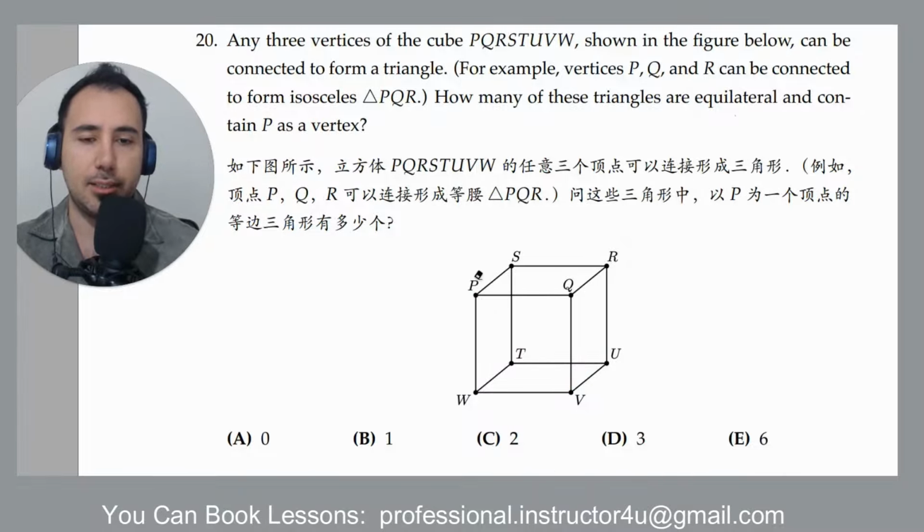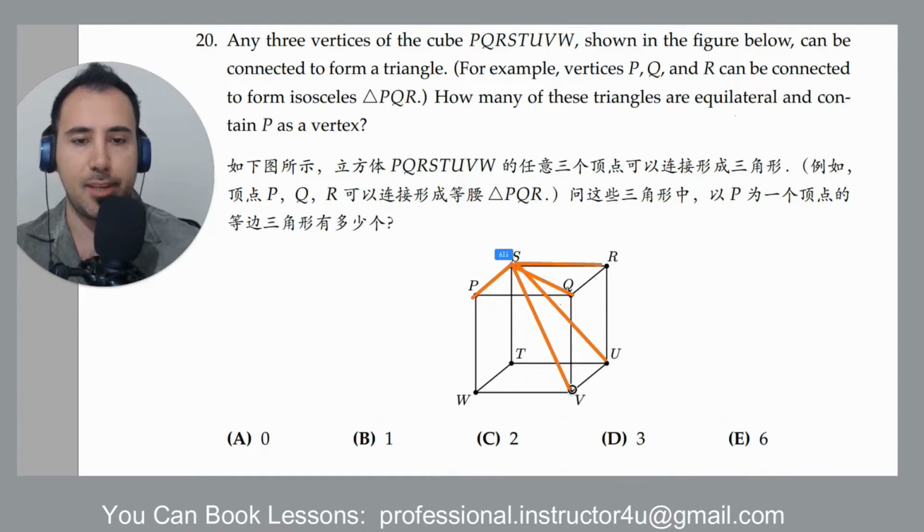So first you need to ask yourself, how many different sides or legs can I draw? Any of these pairs are possible, right? So for example, I could go from S to Q, I could go S to P, I could go S to R, I could go S to U, I could go S to V. So we have to compare these lengths together.